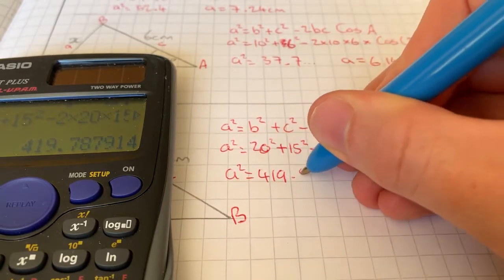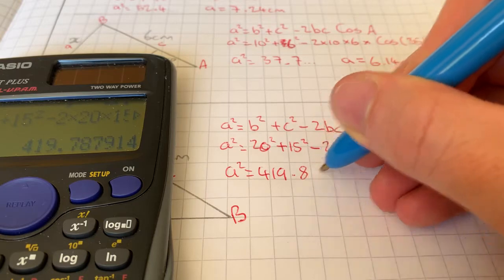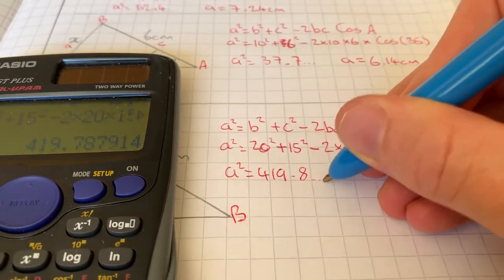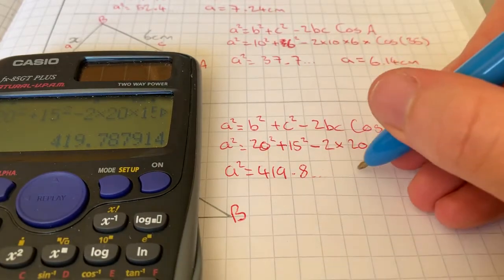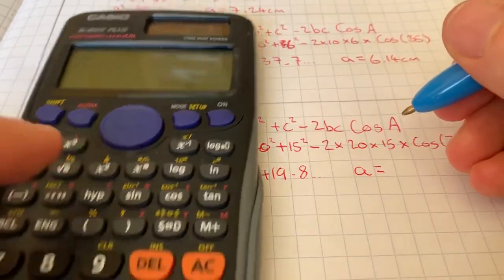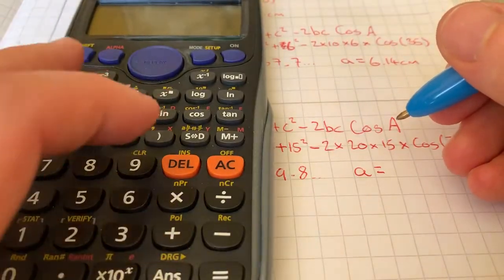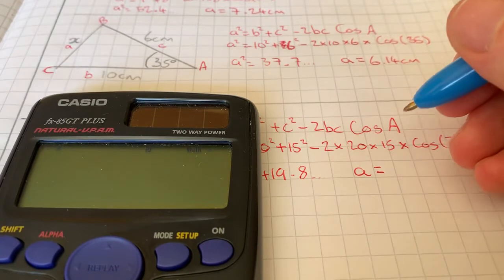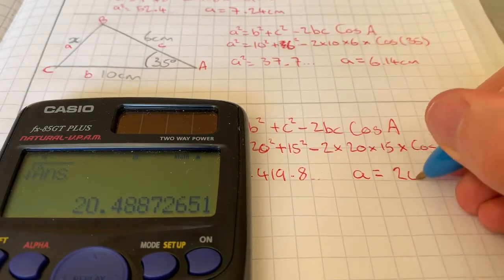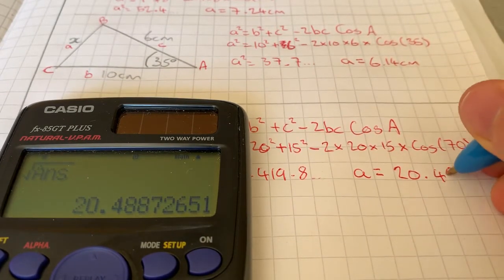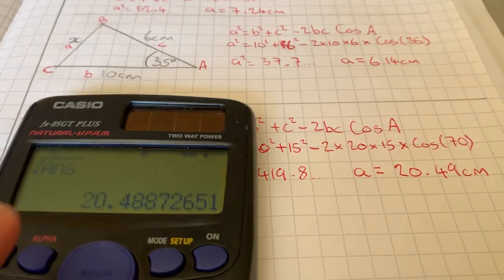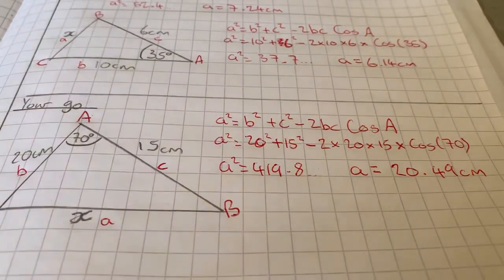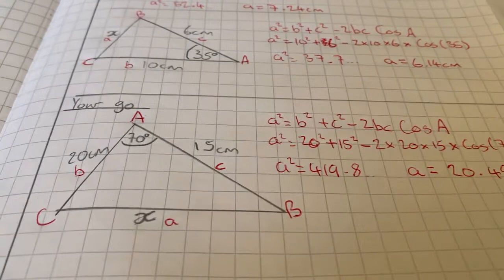But I don't want that, so I'm going to square root it just to get a. So square root answer, and it gives me a as 20.49 to 2 decimal places. And that is the cosine rule to find an unknown side.